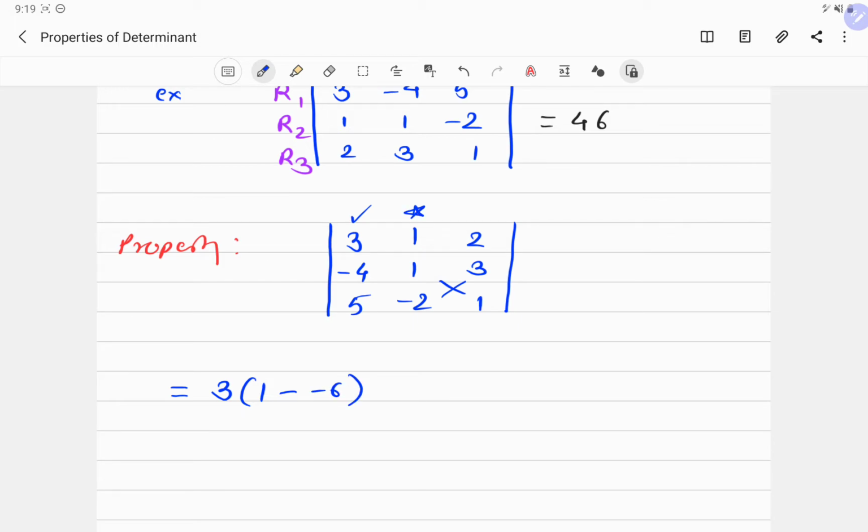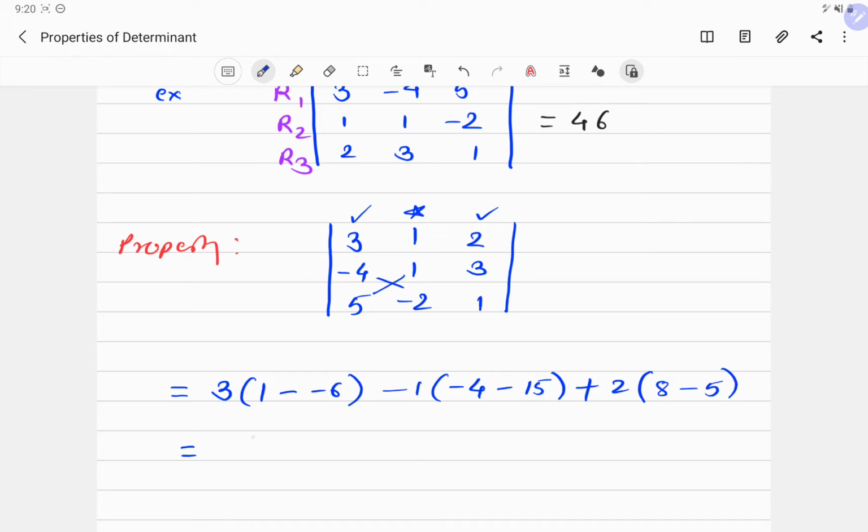For the middle term, which is 1, always change the sign, so 1 becomes minus 1. Then this cross, minus 4 into 1 is minus 4, minus 5 into 3 is 15. Plus the last element of the first row, which is 2. The expansion along this 2 is this cross, minus 4 into minus 2 is plus 8, minus 5 into 1 is 5.